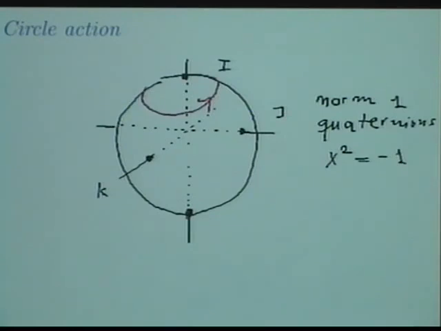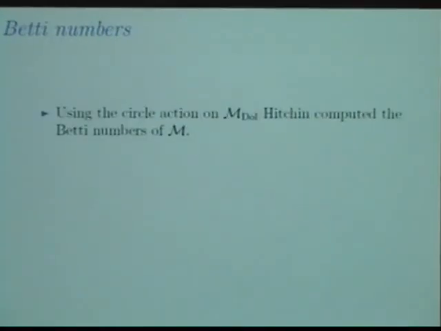So there's a little picture of the idea: there's a whole sphere worth of complex structures on this manifold, and there's an action of the circle that takes all complex structures other than I and minus I to each other and fixes I. So using the circle action and some methods in Morse theory, Hitchin computed the Betti numbers of this manifold.